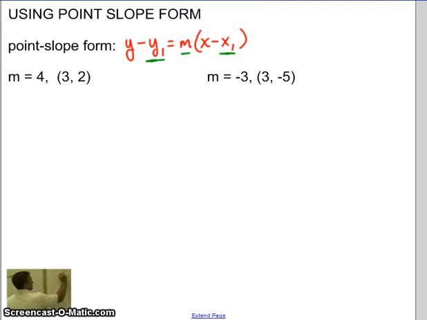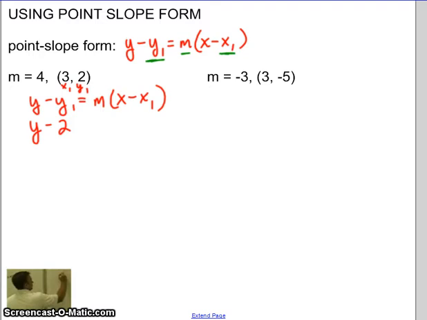In our first example the slope is 4, and the point we have is 3, 2. So we're going to sub in the values for 4, 3, and 2. y1 is 2, the y-coordinate from our point.